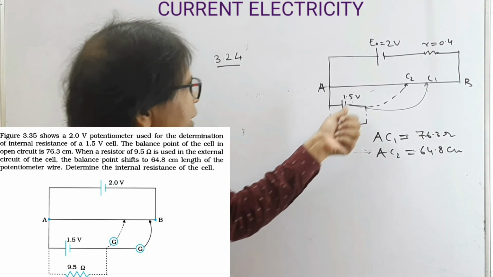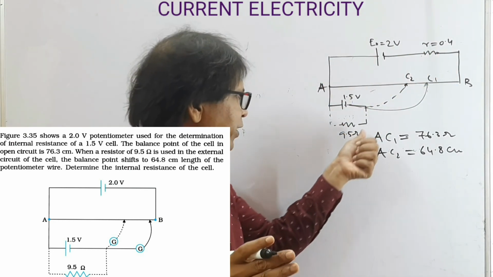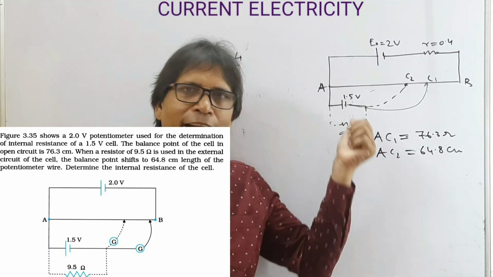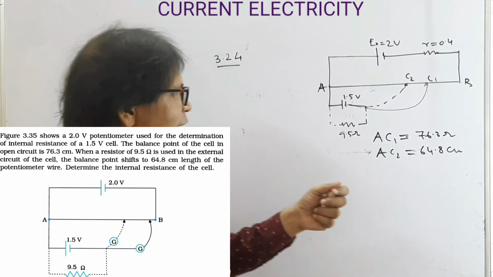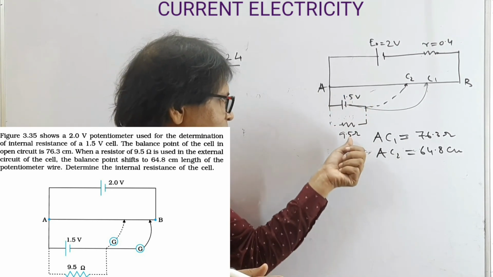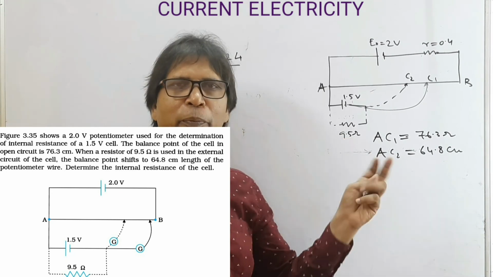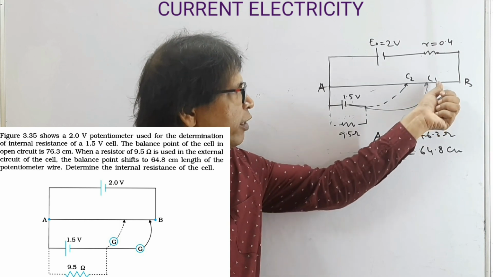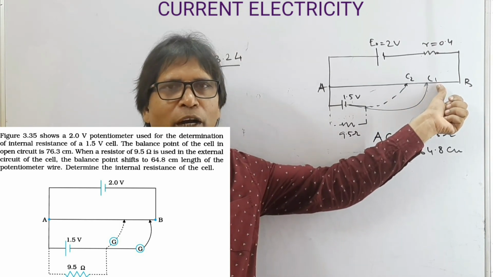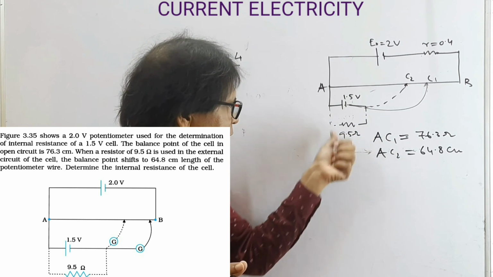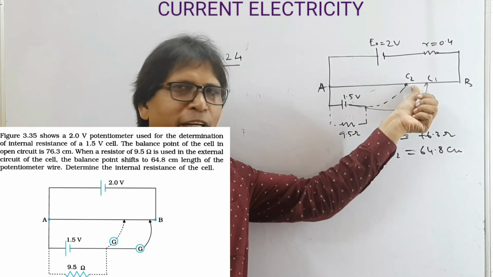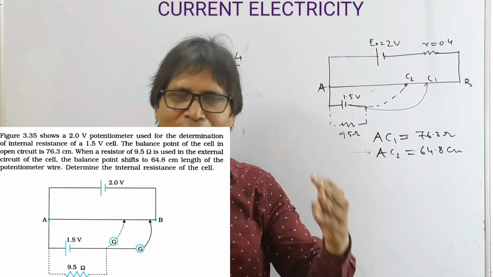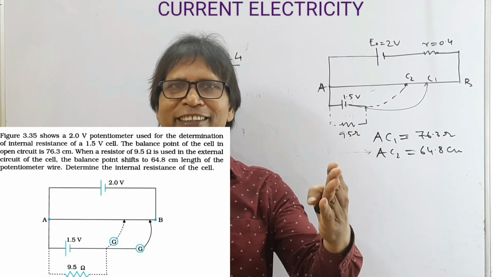Then next, this is NCERT 3.24. Now look at this. This potentiometer measures the internal resistance of the cell. To measure the internal resistance of the cell, the cell is shunted by a resistance of 9.5 ohm. When only the cell is used, the null point is obtained at C1. When it is shunted by this resistance, the null point is obtained at C2. Here AC1 is given, AC2 is given. We have to calculate the internal resistance.